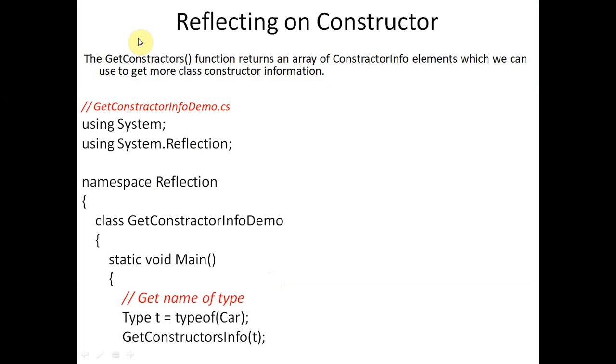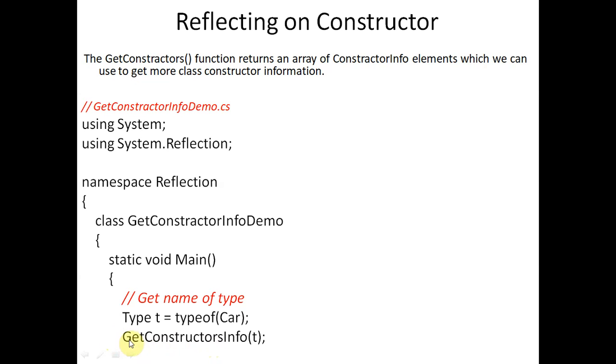You will see the program is designed the same way, the pattern of the program is the same: using System.Reflection, then namespace Reflection, GetConstructorInfoDemo, this is the user defined name of the class, and then static void Main, and Type t equals typeof(Car). Again we are writing the same statement, the typeof function, returning the type of Car, and GetConstructorInfo, so we are extracting all the constructors.